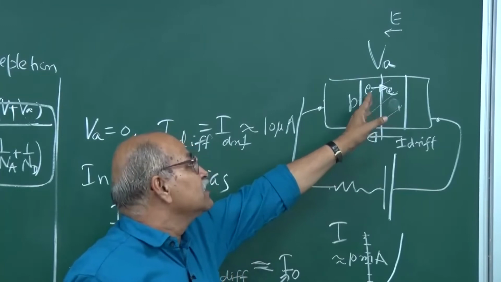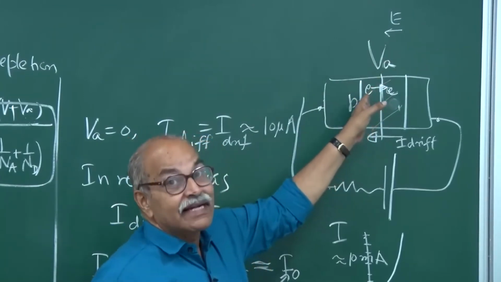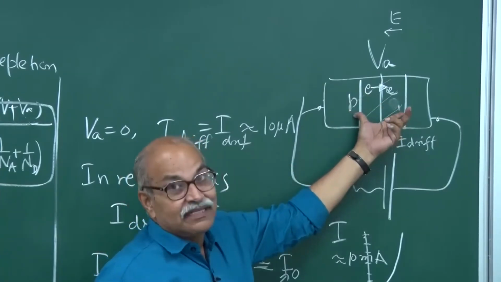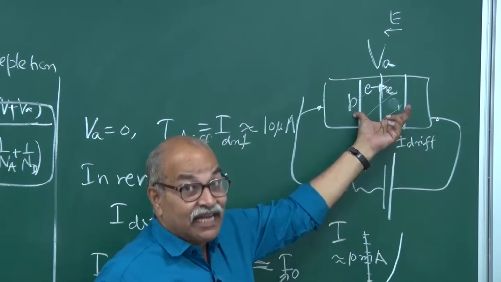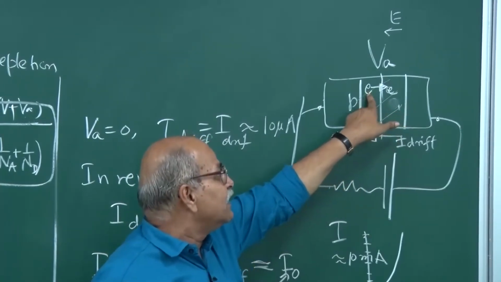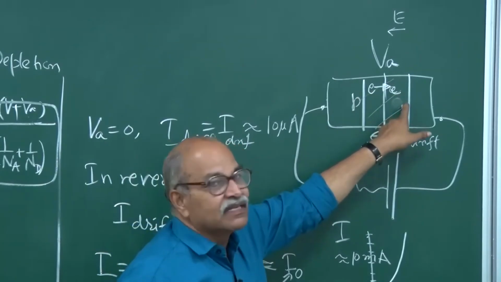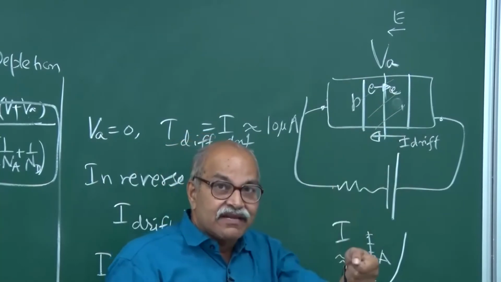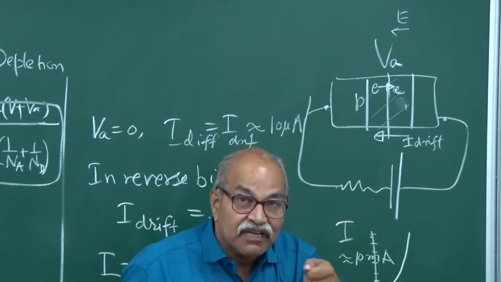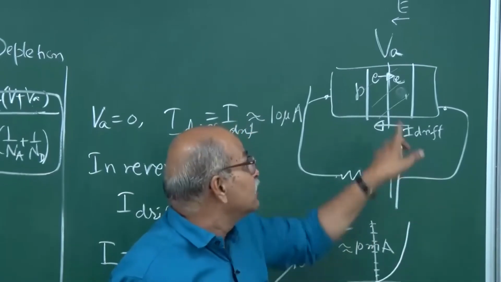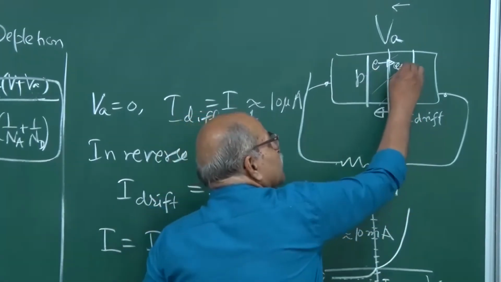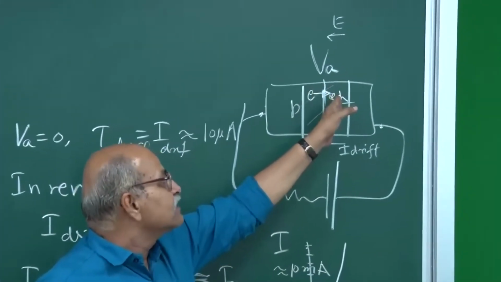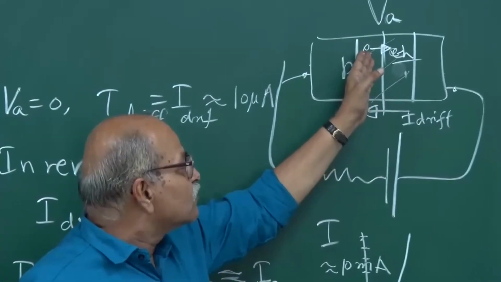So if this electron is going in this electric field, it is gaining energy. The electron is accelerating, gaining kinetic energy, and the depletion region is wide, therefore it has sufficient time also. So it can gain so much energy in this depletion region because of the electric field that it can knock off an electron from the bond, and this electron can produce a new electron-hole pair.